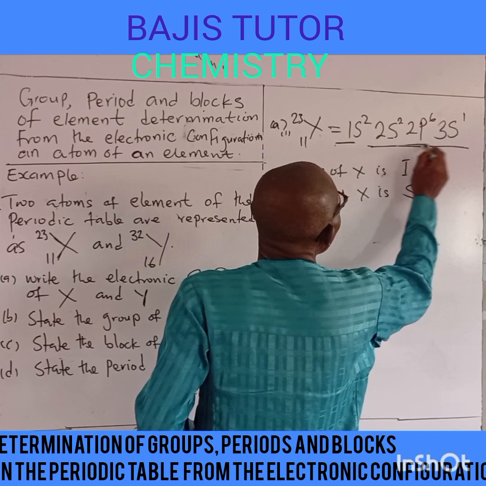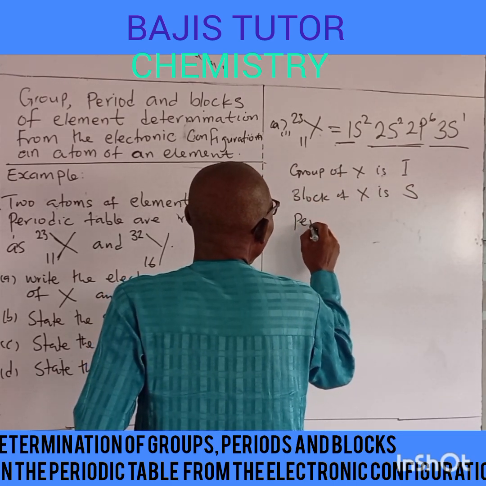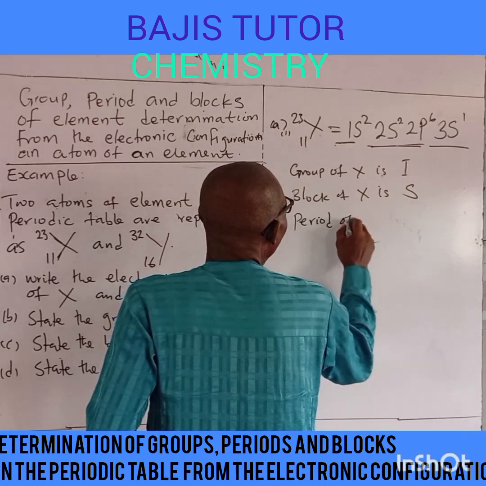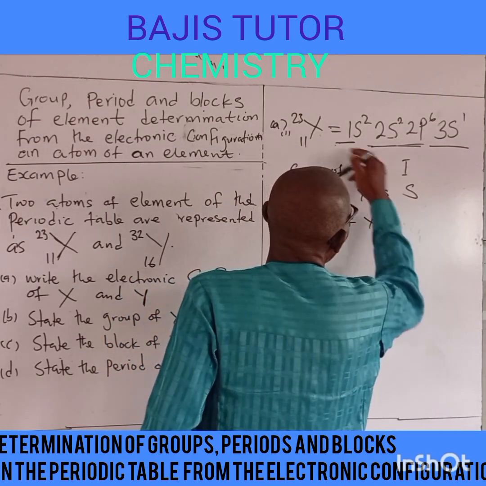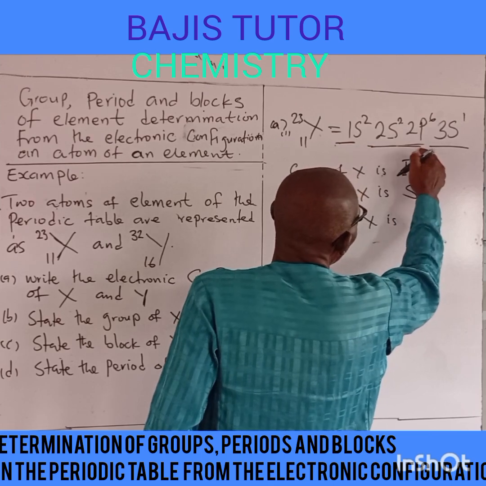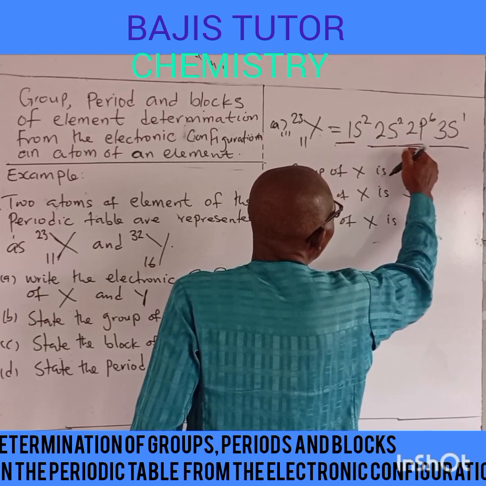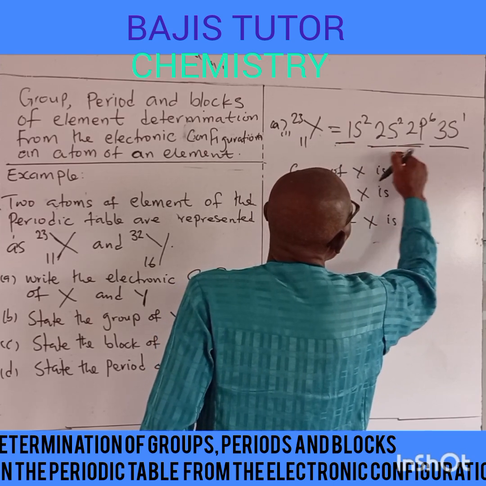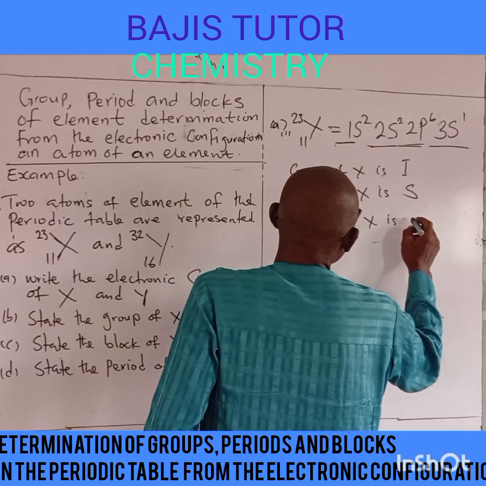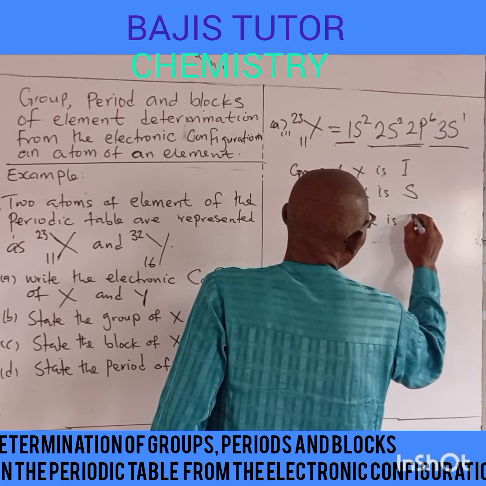That gives us the period of X. I told you earlier, 2s and 2p belong to the same principal quantum number 2. So it means that we are having 1, 2, 3. We are having 3 shells, and that gives us period 3.